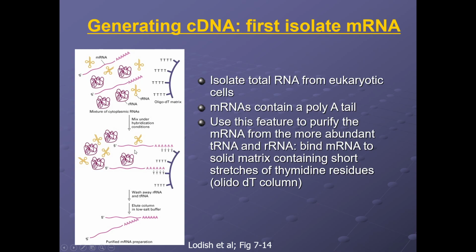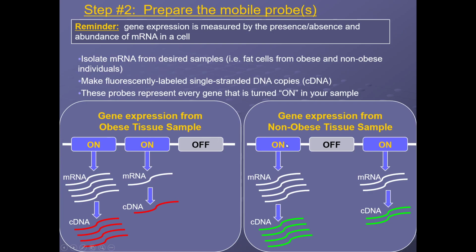Once you have your mRNA from the tissue extracted, you have to convert it to cDNA. And one more step, characteristic of this technique, you have to label that cDNA with usually two types of dyes.